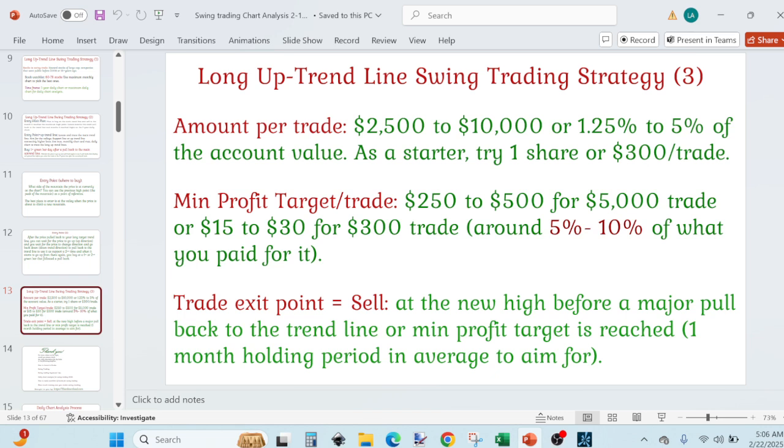Being financially independent is one of those goals. And you just aim for the next high, or a 5% to 10% return. You can get out, lock it in, and wait to get in again.